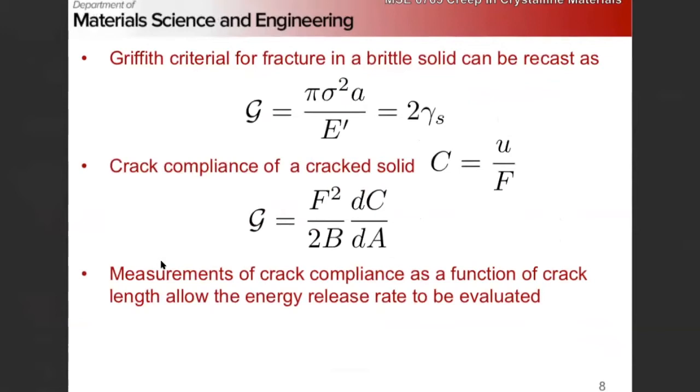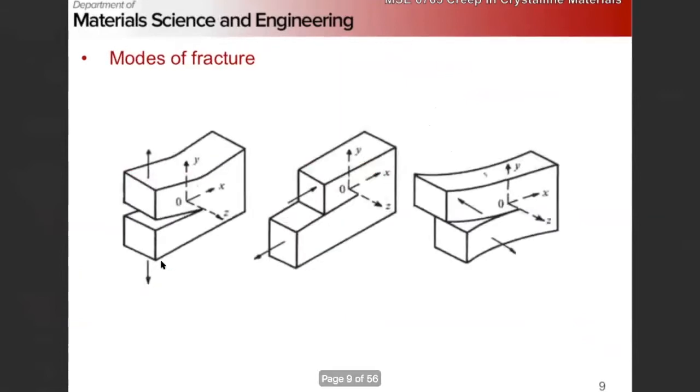And what this allows us to do is we can then have our crack sample, we can measure our end displacements, and at the same time measure our crack extension. And from this, we can get estimates of our energy release rate. And again, this just allows the energy release rate to be evaluated.